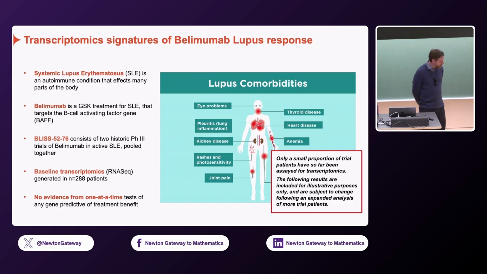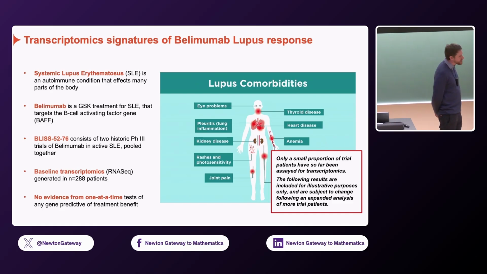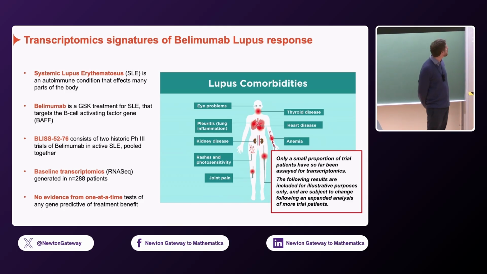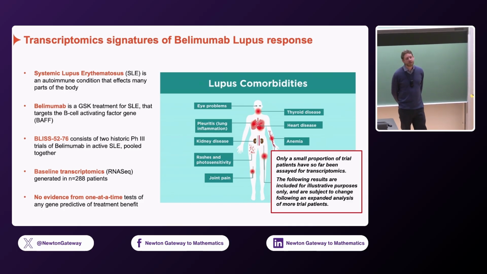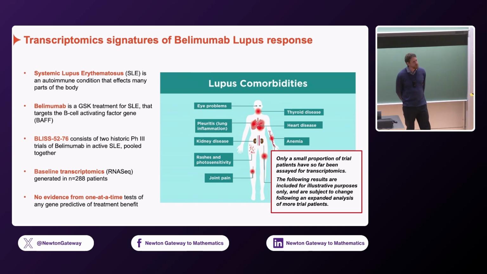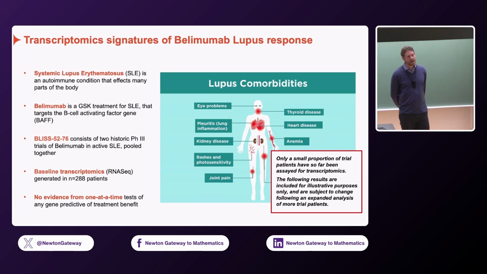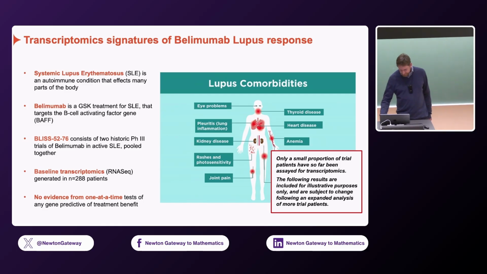So the computational biology team at the company had done one at a time interaction tests across, I think it's 1,500 transcriptomic gene expression probes after QC, and none of them were significant, even with a very liberal FDR control of, I think we even explored up to 50%.